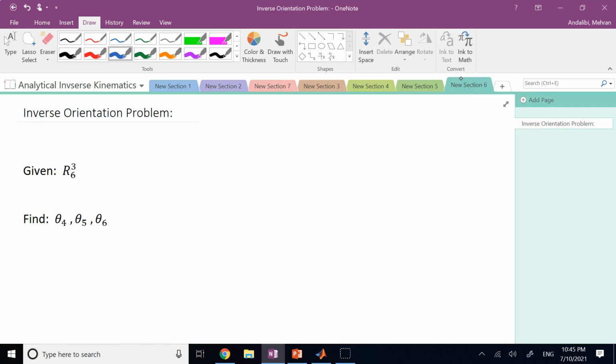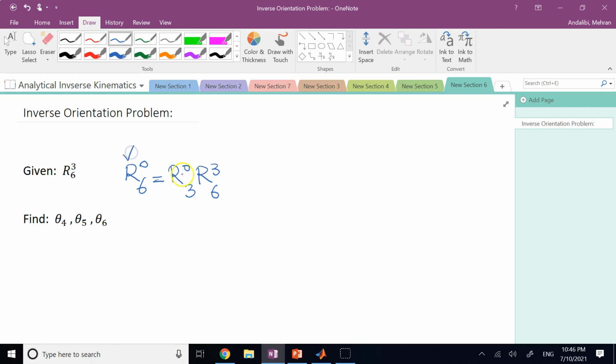So now when I come to the orientation problem, I can calculate R of 6 with respect to 3, R of the end effector with respect to frame 3. How? Well, let's take a look. R of 6 with respect to 0, which is given to me, orientation of the end effector, is equal to R of 3 with respect to 0 times R of 6 with respect to 3.